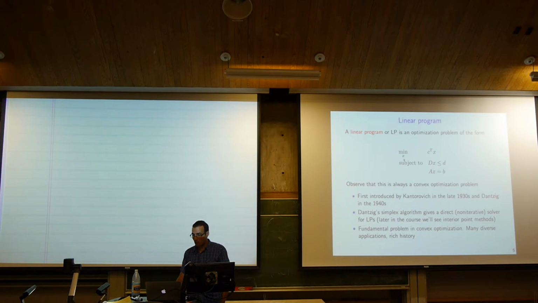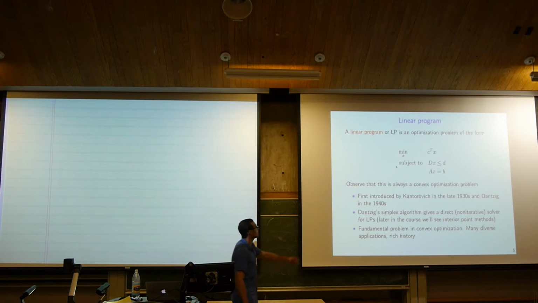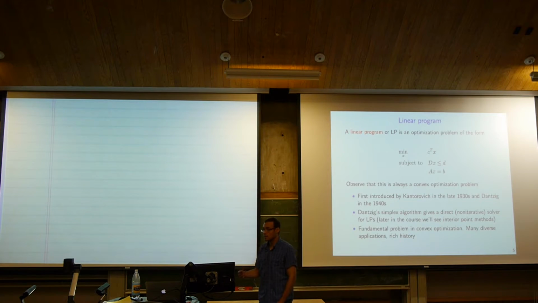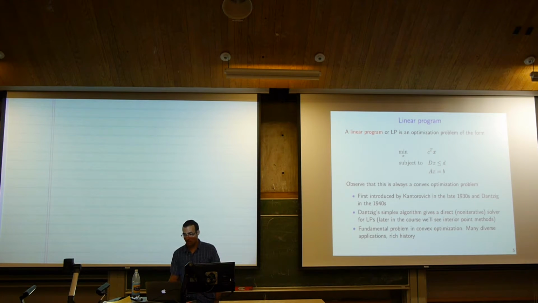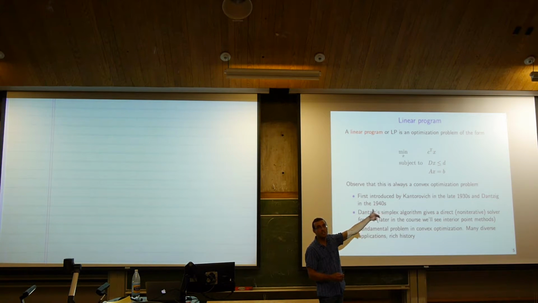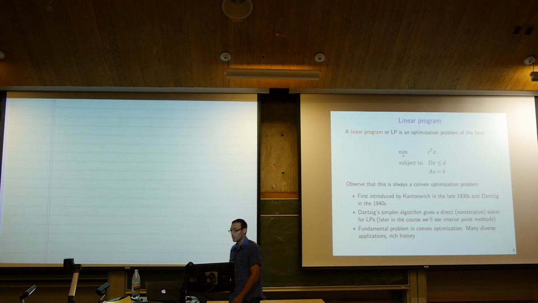And we can decide to minimize over x. We can also decide to maximize over x. That would also still be convex, because maximizing c transpose x subject to the same constraints is equivalent to minimizing minus c transpose x. But that's still a convex function, right? It's affine, so it's both convex and concave.